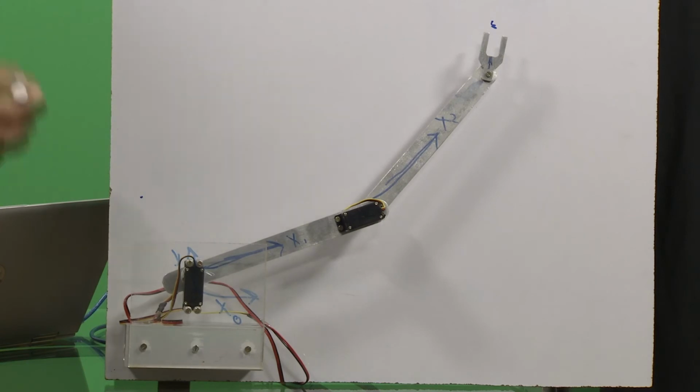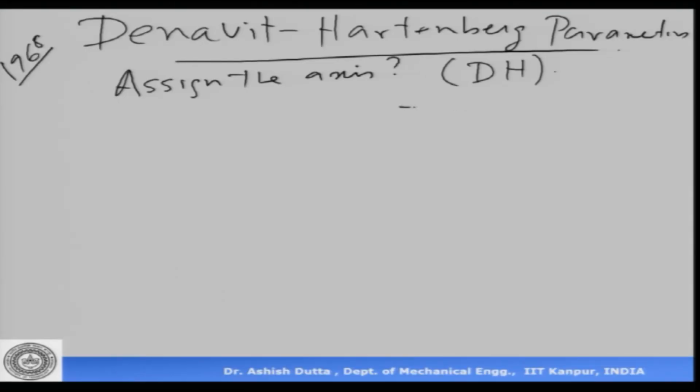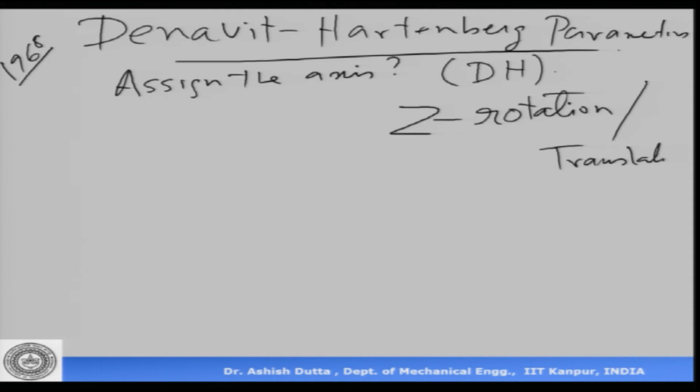Okay. So, the DH parameters convention is quite simple to follow. It says that the first axis is your axis of rotation or translation, so z axis along the axis of rotation or translation. Okay. So, we have fixed our z axis.